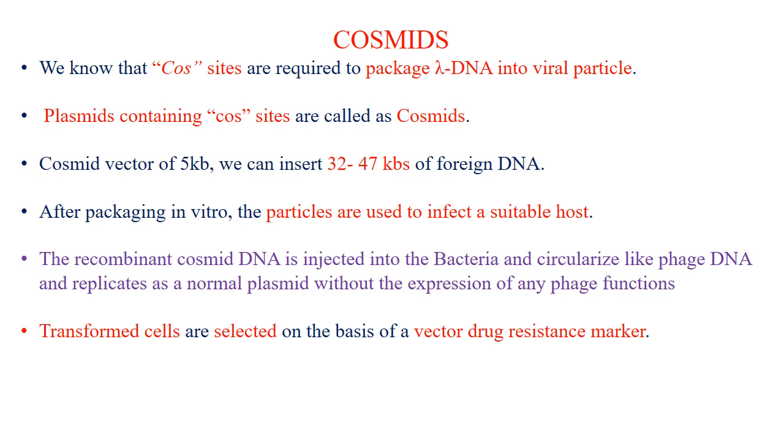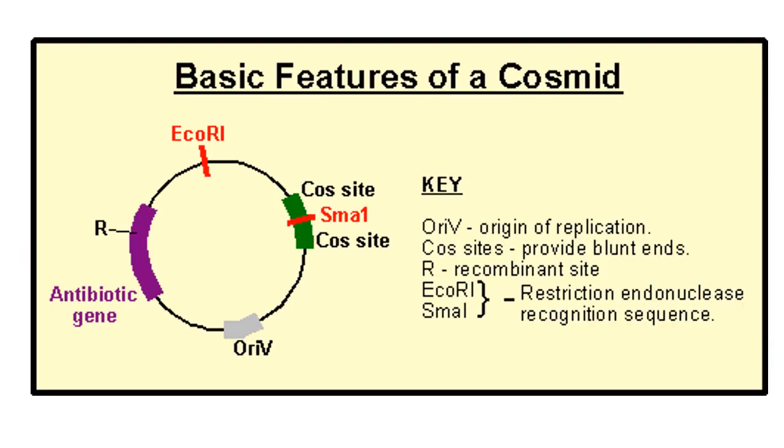This is the normal strategy of cloning using cosmid vectors. The basic features, if we can see, there will be origin of replication, antibiotic resistance genes, cos sites, and some restriction sites where you can add your foreign DNA, which is the simplest form of cosmid vectors.